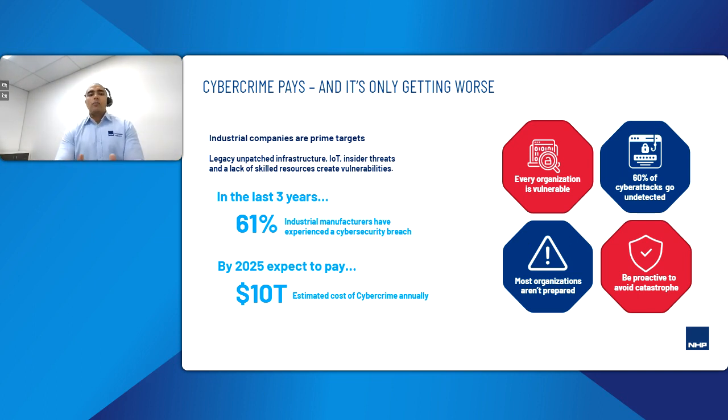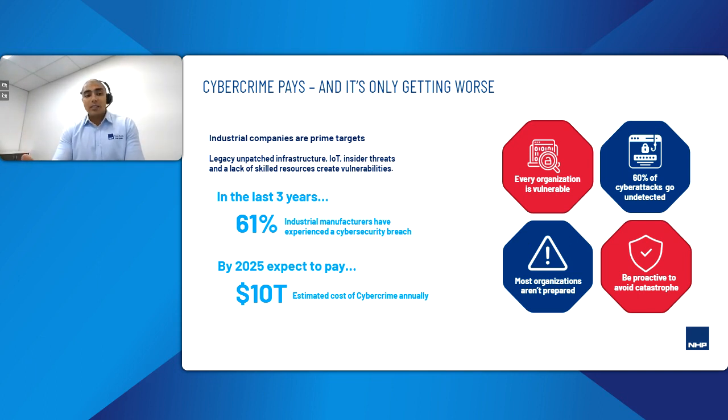Why is the industry a target? Because in our industry we have legacy systems, and the old legacy systems don't have the technology to upgrade to counter these kinds of attacks, or new technology from these cyber attacks.